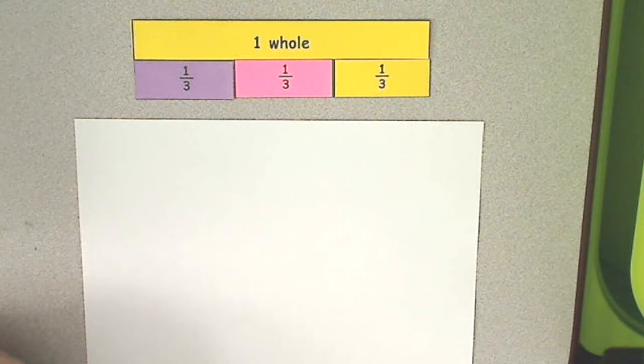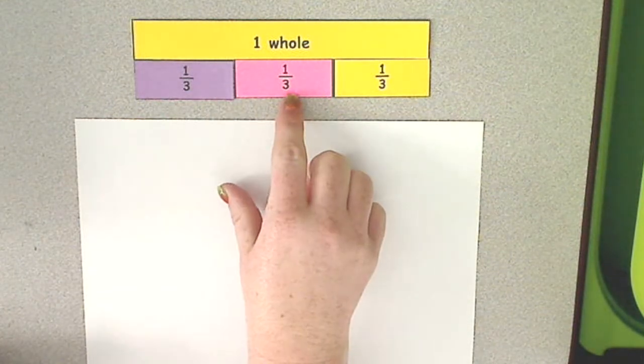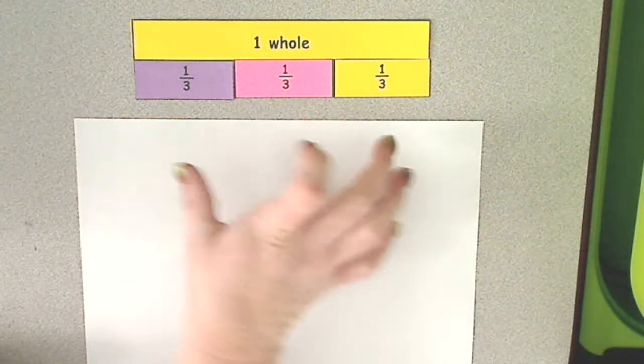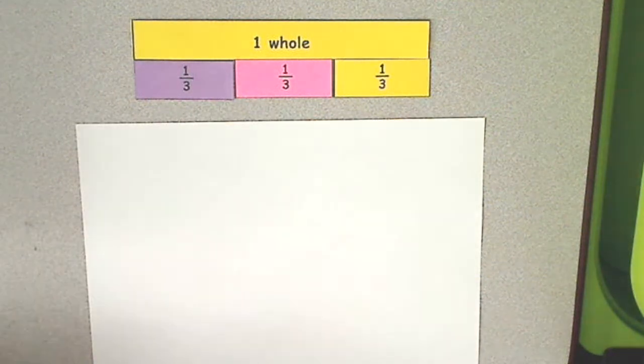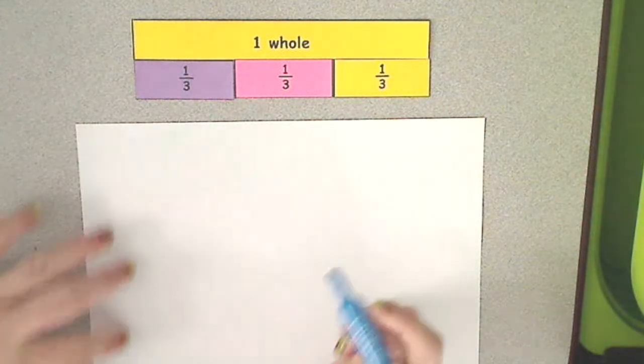If I asked what fraction of the strip is not yellow, I have 2 pieces that are not yellow out of a total of 3. So we need to understand some vocabulary.